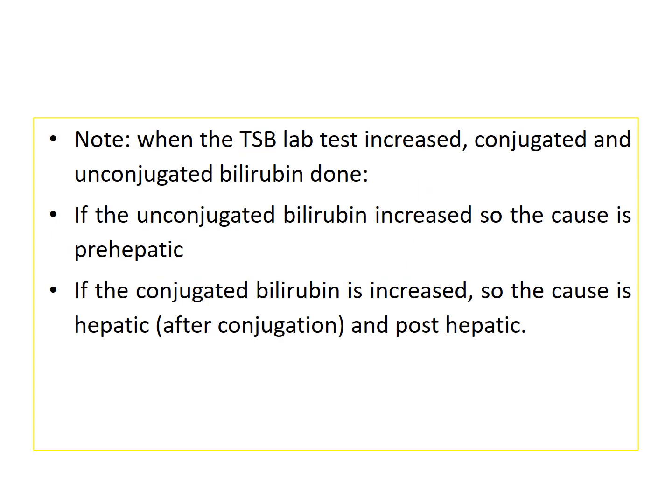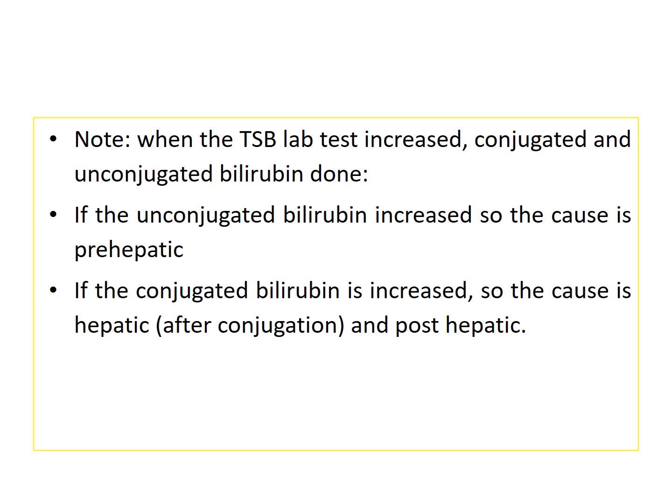In order to correlate the hyperbilirubinemia with lab tests and to detect the main cause of hyperbilirubinemia, a total serum bilirubin lab test will be done, and the total serum bilirubin will be increased.